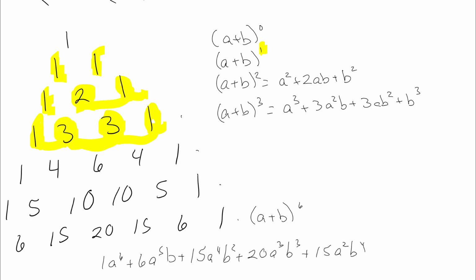That's supposed to be a 4. It's kind of hard to see. B to the 4th, and then plus 6, a to the 1st, b to the 5th, plus b to the 6th. So I don't actually have to multiply all that stuff out. I can just memorize Pascal's triangle and just kind of go nuts. So that's kind of a neat little thing.